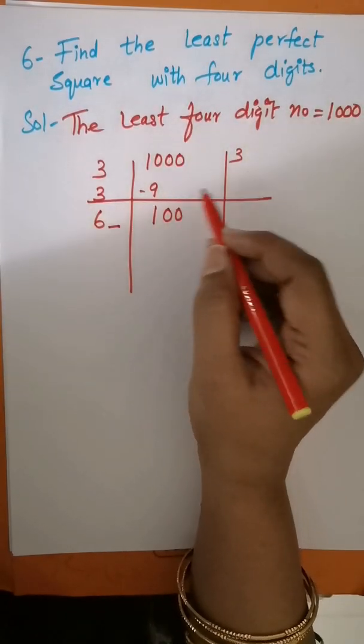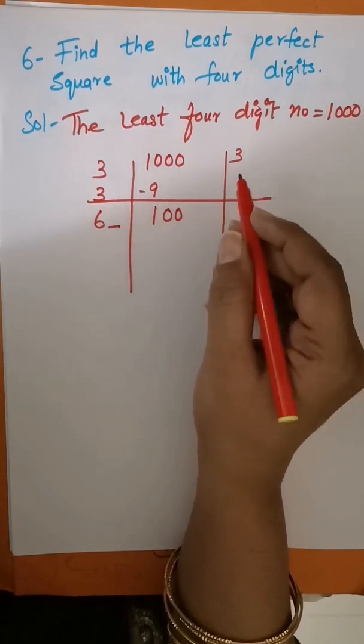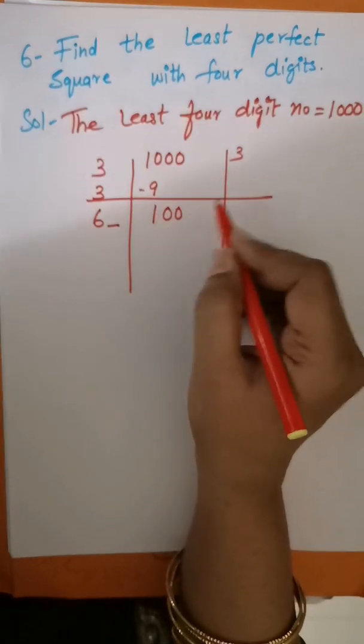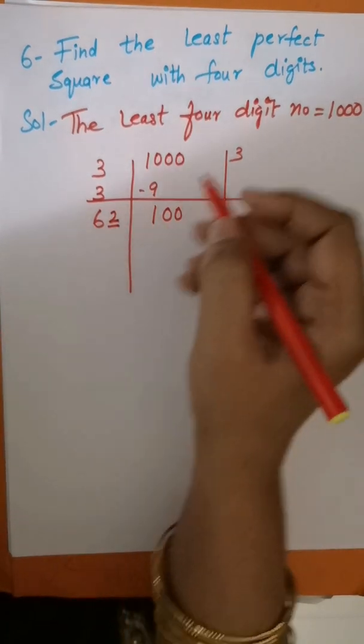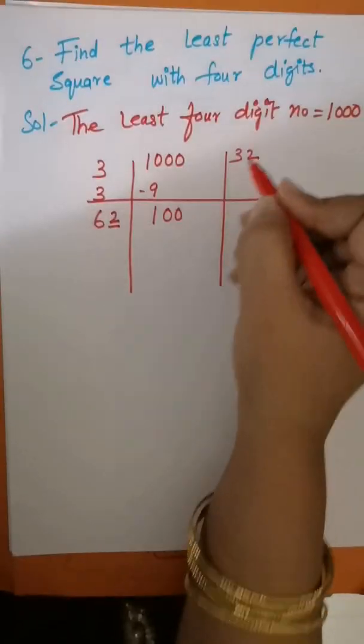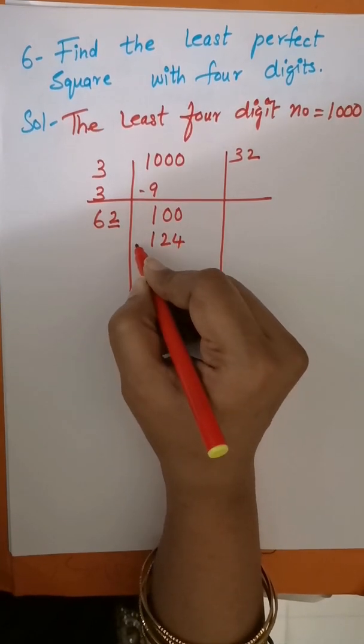So if you take 0, you will not get it. If you take 1, it will be smaller than 100. So if you take 2, 62 2s are 124.